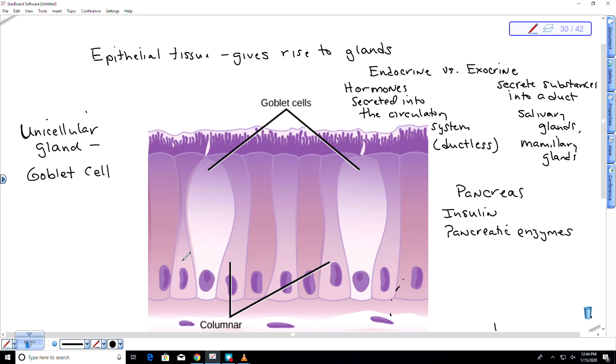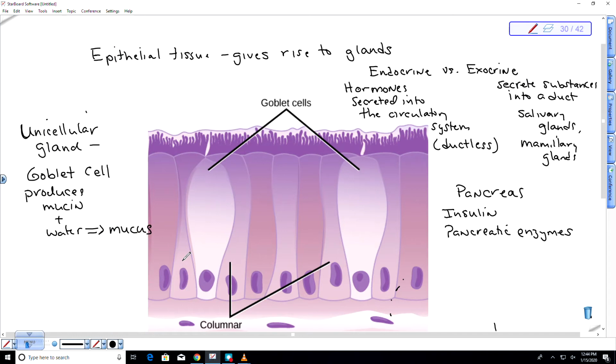So it's got a narrow bottom, and then it forms into this larger top, like a goblet. Okay. So when we look at the goblet cell, it produces mucin. And this mixes with water to produce mucus.